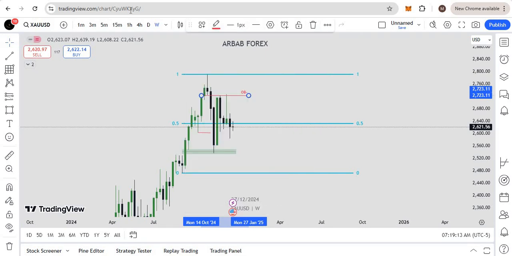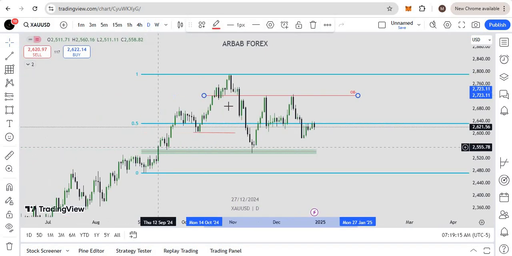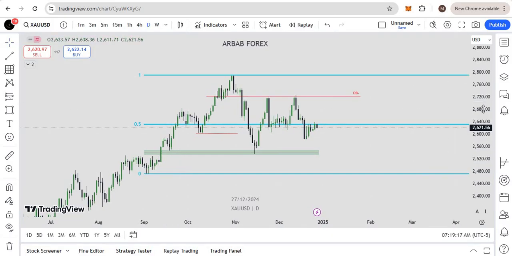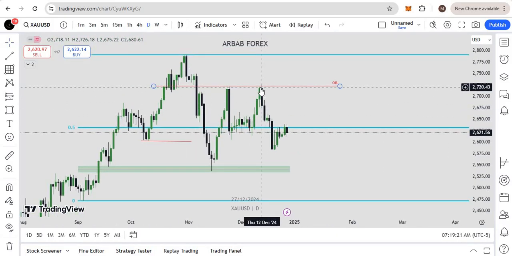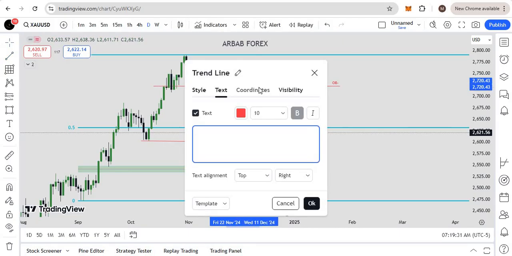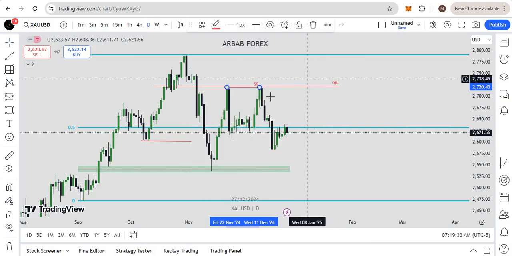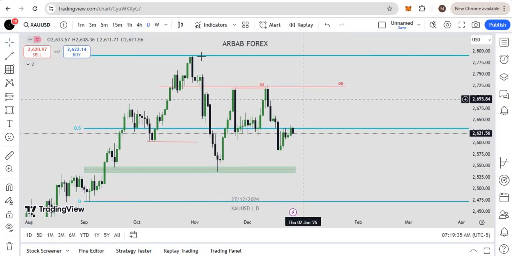Let's jump into the daily time frame, right? So in the daily time frame, price reached the weekly order block and simultaneously took the liquidity here as well, as you can see here, right?